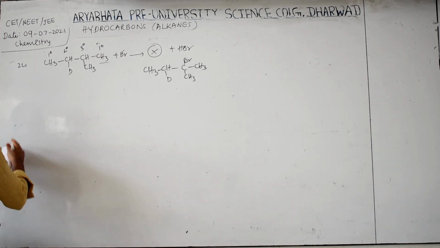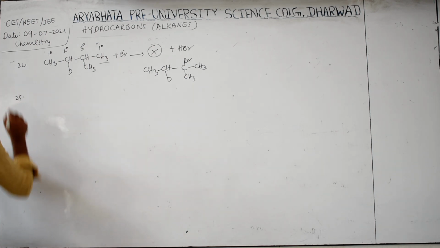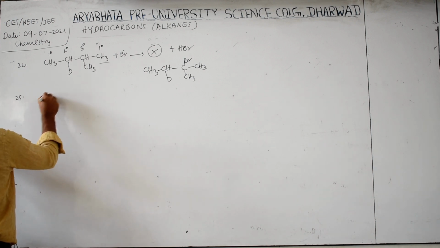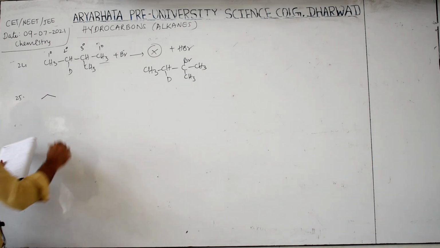Next, 25. Propane on nitration. Propane means this is propane on nitration.